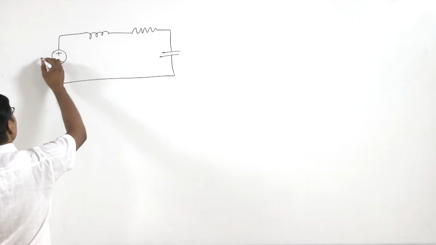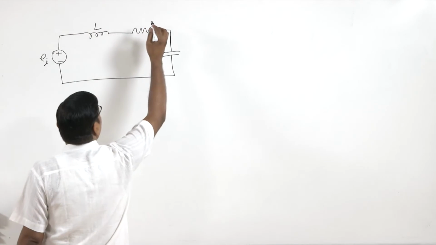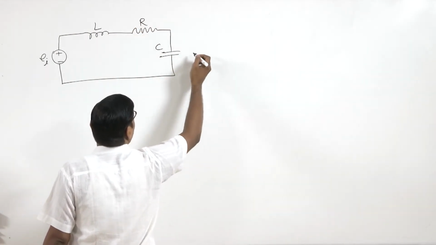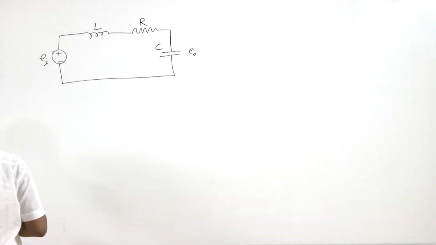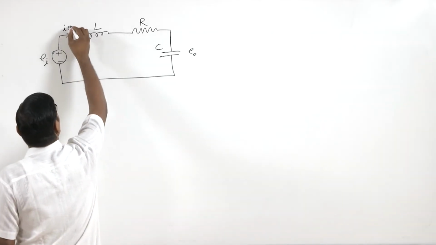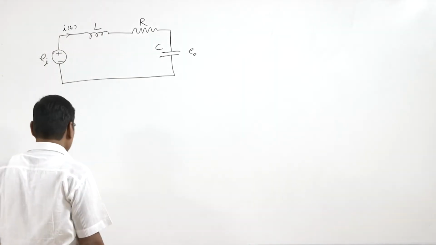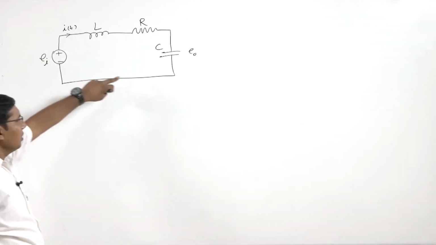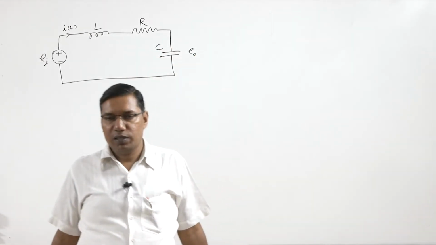So, here we have this circuit. This is the inductor, this is the resistance and this is the capacitor, and there is a current i(t). Here is the input voltage, and this is the output voltage we are measuring around the capacitor.